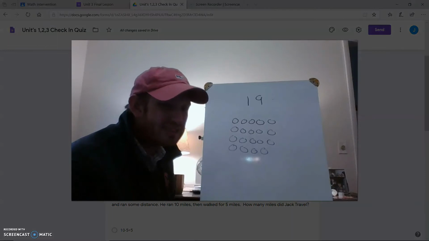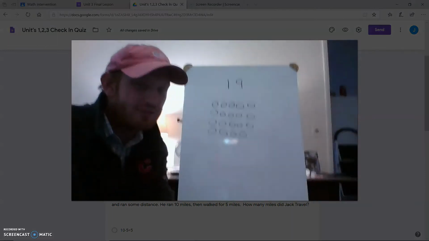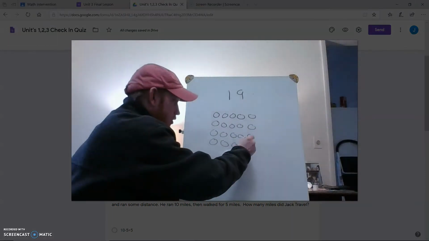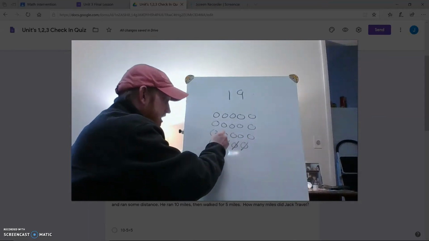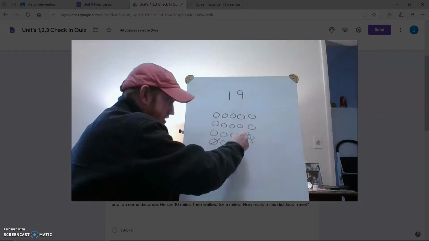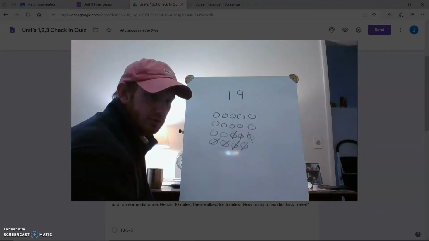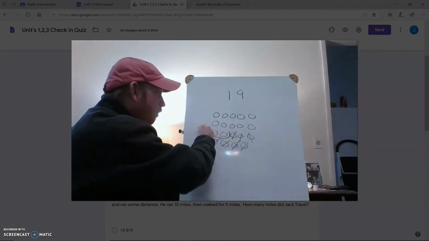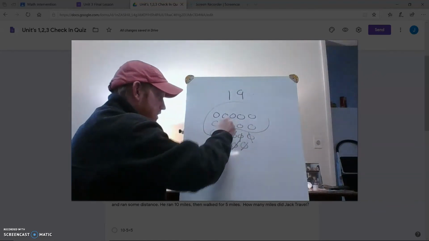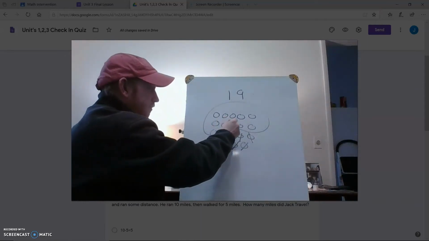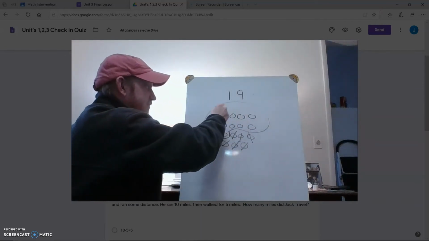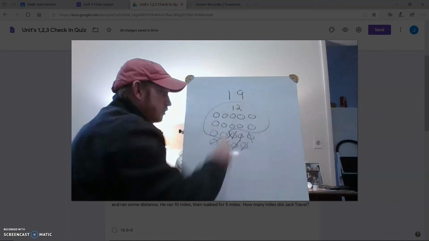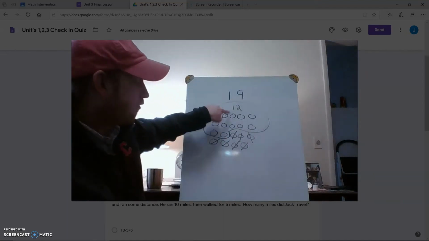So he's going to keep 7. So I'm going to cross out those 7 grapes that he's going to keep. 1, 2, 3, 4, 5, 6, 7. And then what I have left over is 1, 2, 3, 4, 5, 6, 7, 8, 9, 10, 11, 12. So your answer is going to be 12.